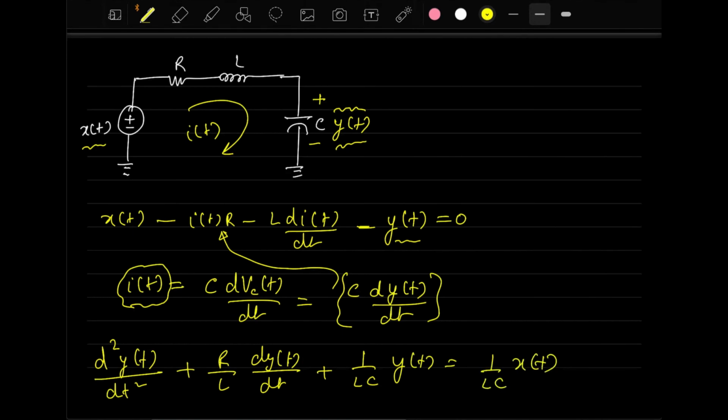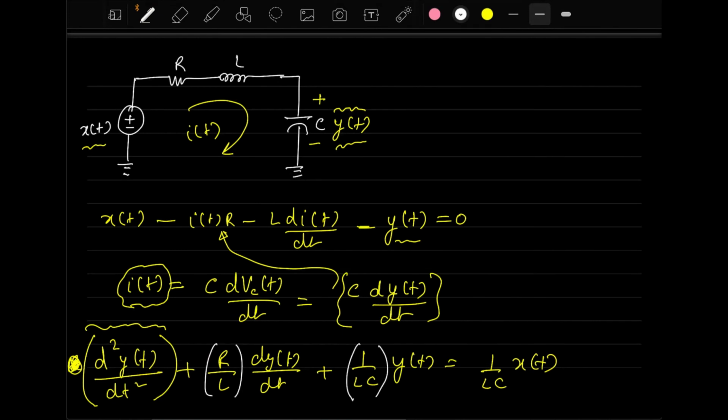So what I have done is I have actually divided the coefficient that you got on the right side of this differential equation. I divided by that term, which was earlier LC here, on all the sides. So what we got is this differential equation, and here these are the constant coefficients.